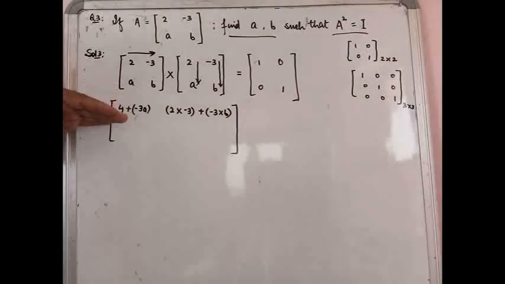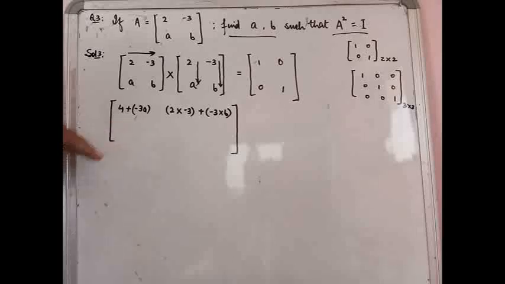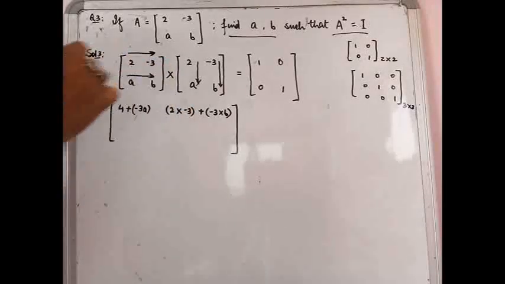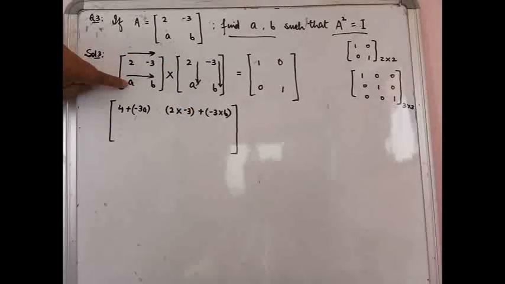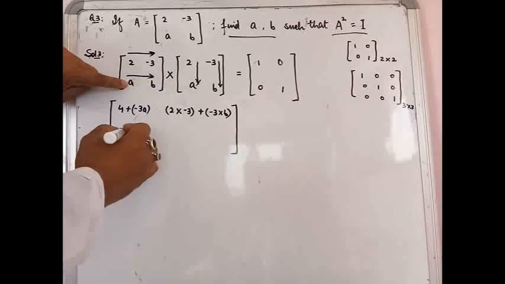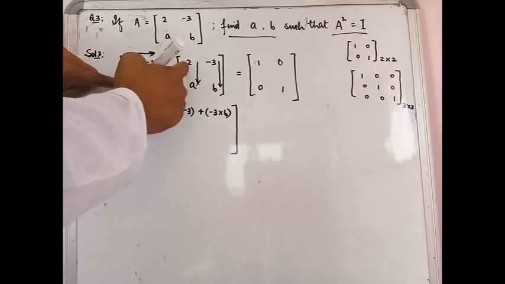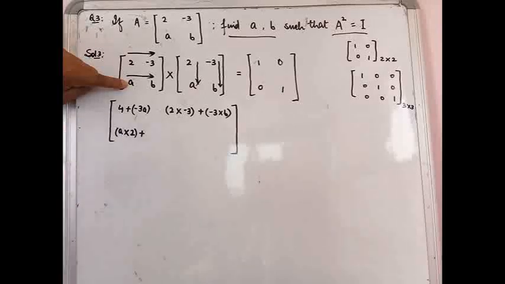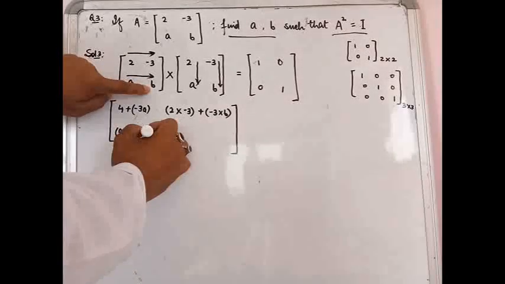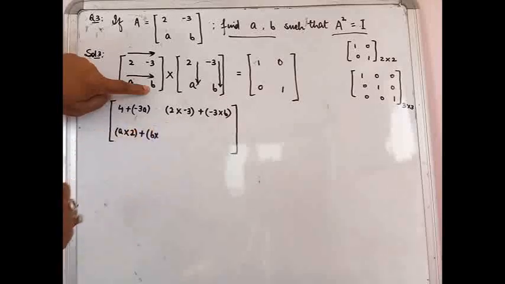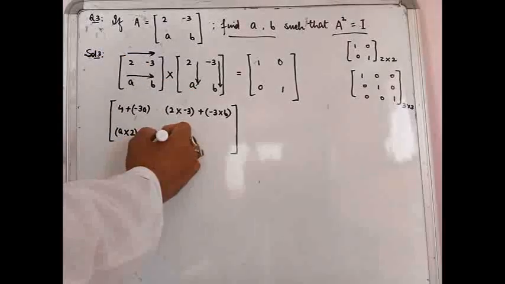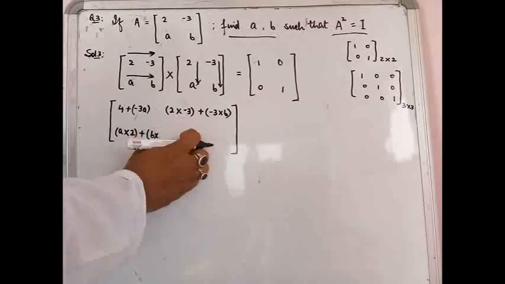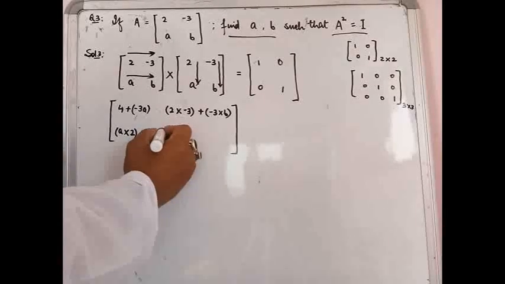Now coming down to the second row. Again, this a is the first entry, so it gets multiplied with this 2, plus what is the second entry here? b, multiplied by, what is the second entry here? a. I'm going to write this a little bigger.